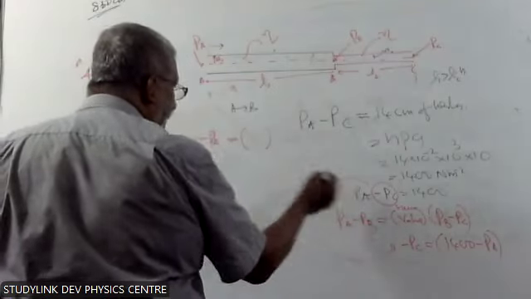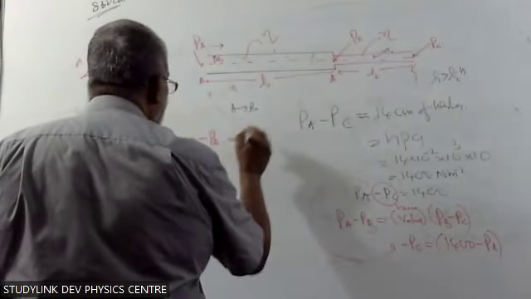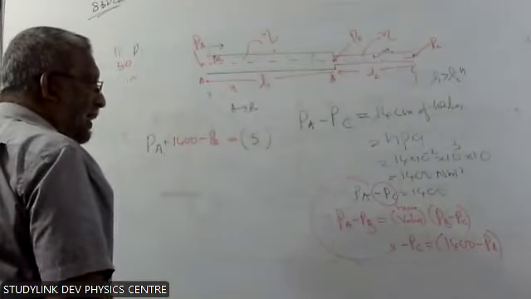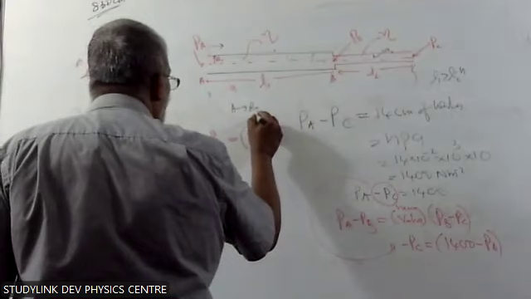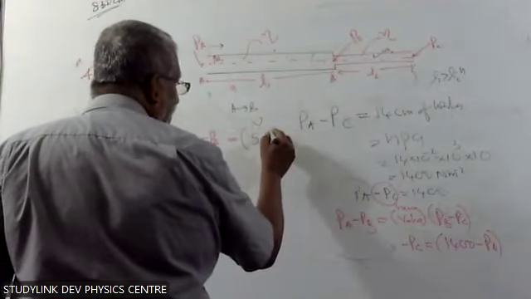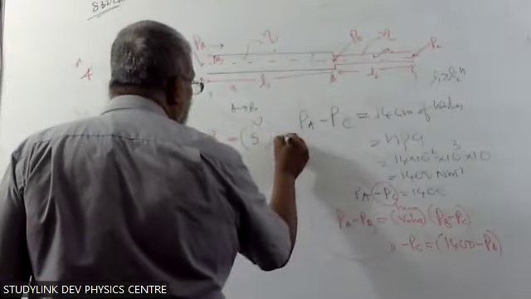For instance, we'll say the value is 5. That's not the actual value, it may be a different value. We'll say 5. Then PB minus PC.